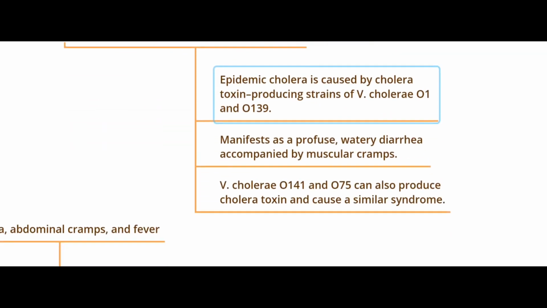It manifests as profuse watery diarrhea accompanied by muscular cramps. Whenever we have a patient that is vomiting and having diarrhea so profuse, we should directly do our cholera tests and start empiric treatment, especially if the patient doesn't have fever.